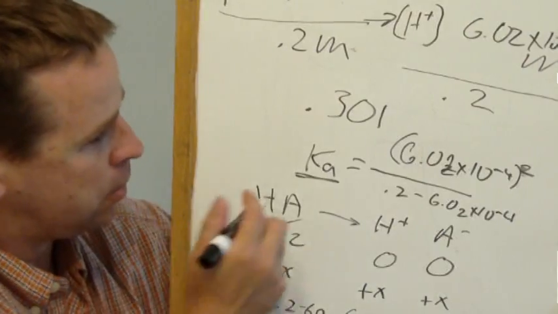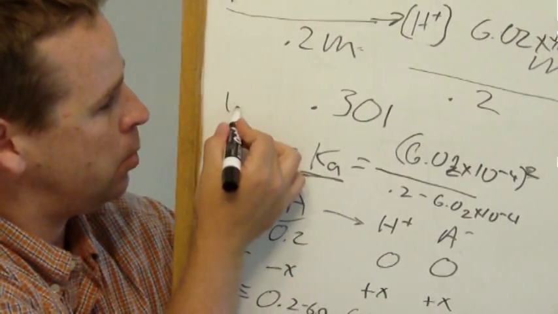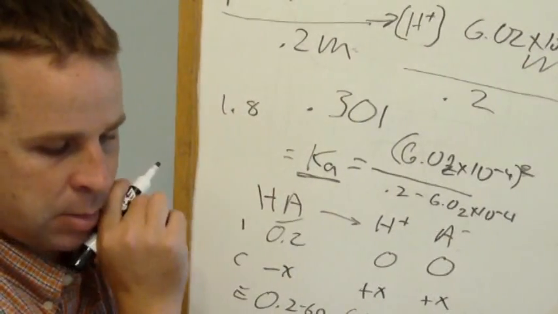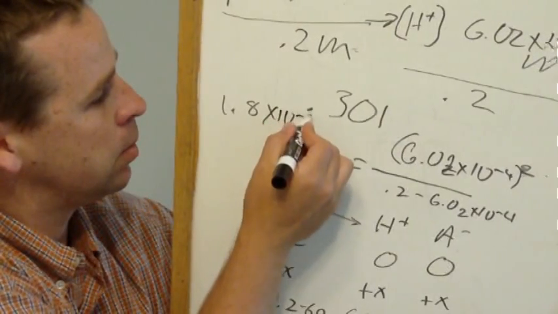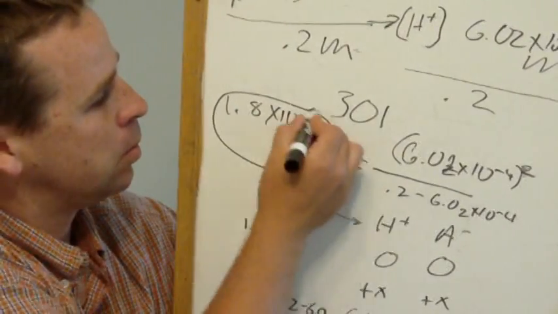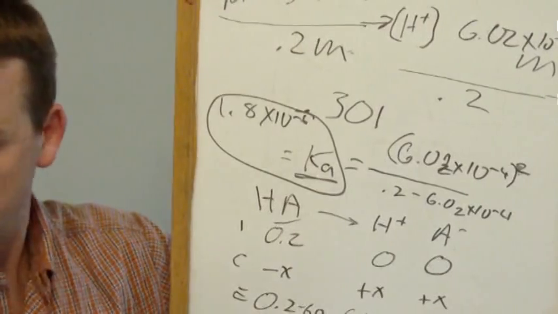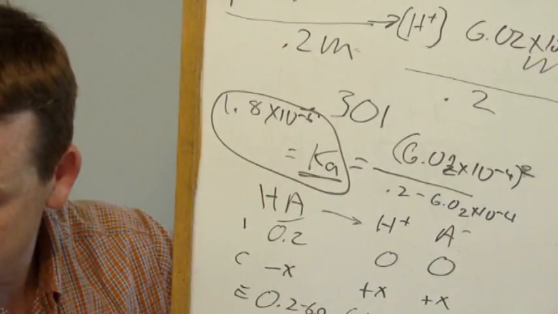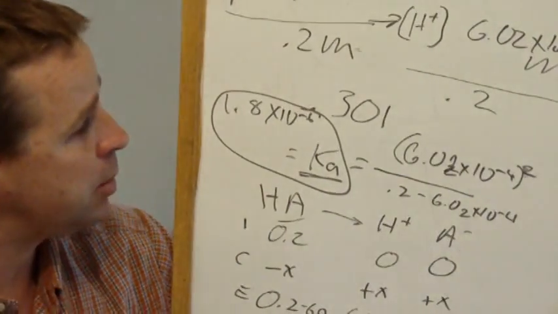So that means Ka equals 1.8 times 10 to the minus 6. All right, double check there, 1766, 1.8 times 10 to the minus 6.